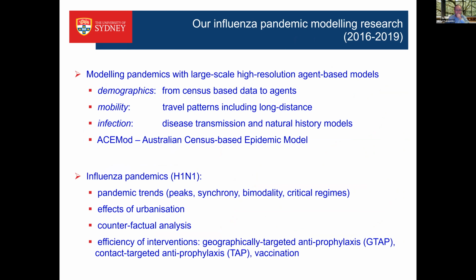So let me then switch to something that we've been doing in influenza modeling, because we need to speed up a little bit and get into maybe more nitty-gritty details. Most of the agent-based models have these three layers.